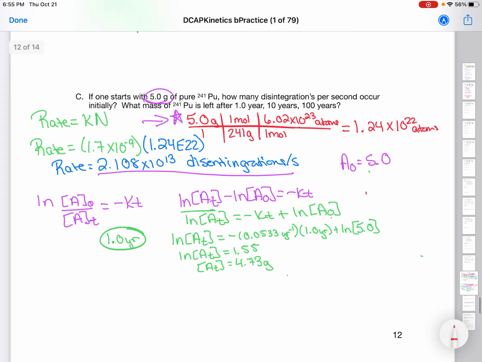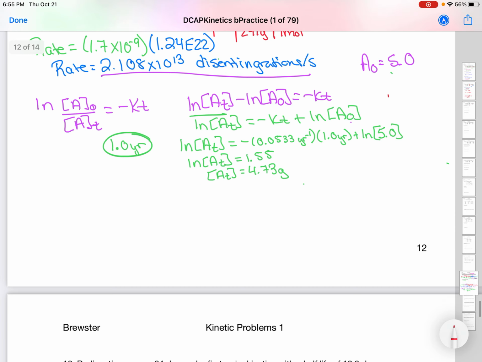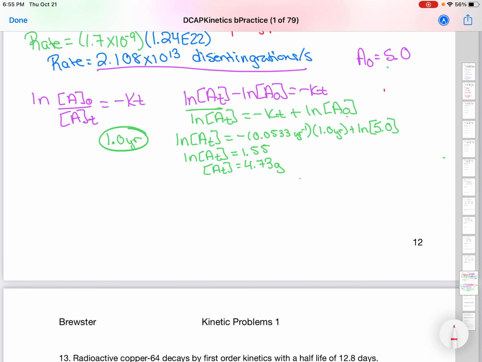Okay. So I'm going to use the same process again. There's no change. I'm just going to do natural log A T equals negative 0.0533, and this time it's 10 years, plus natural log 5.0.